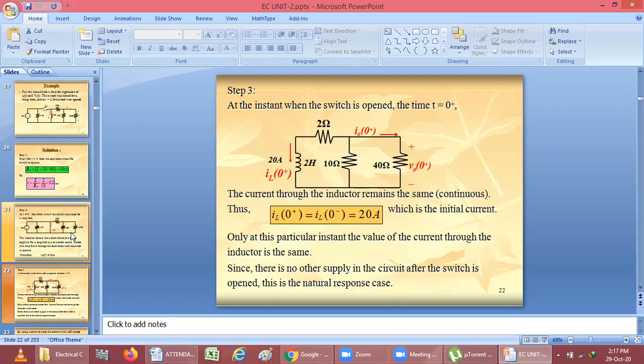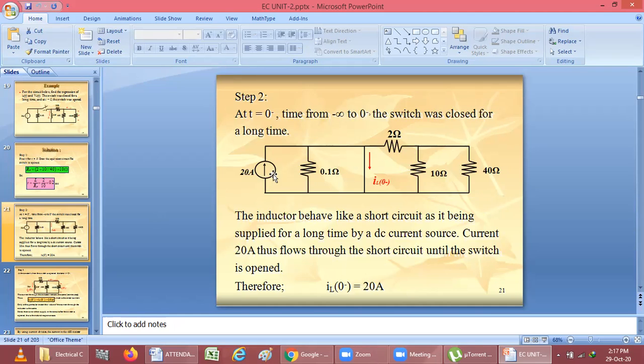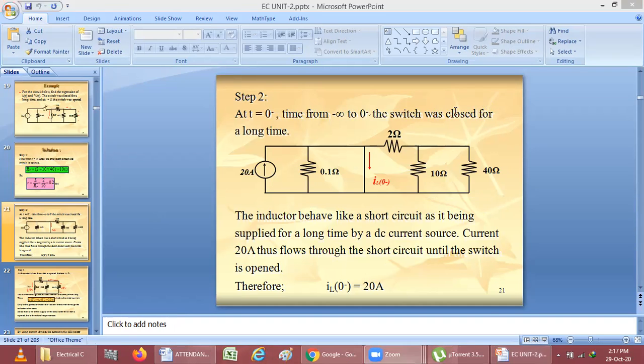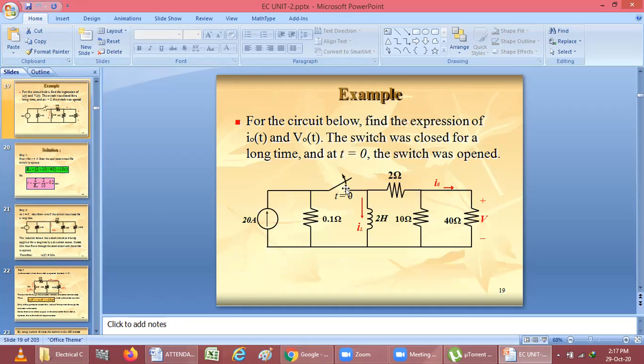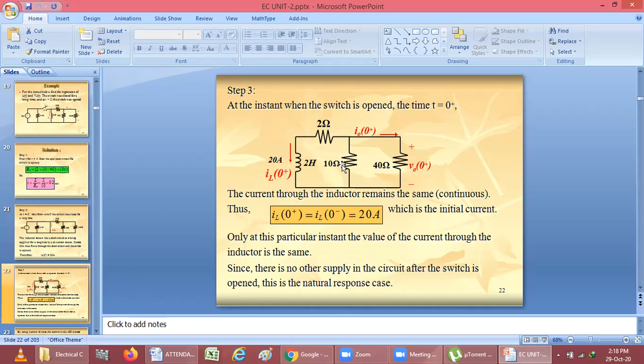IL 0 minus and IL 0 plus: they have given us the value of current here, so that 20 ampere will appear across this inductor. When the switch becomes open, this circuit will not be considered, but the value of current flowing through this inductor will be that 20 ampere. At the instant when the switch is open, the current flowing through the inductor will remain the same and that value will be 20 ampere.